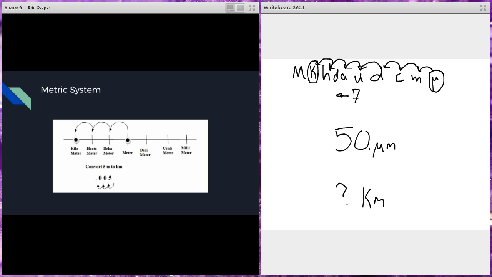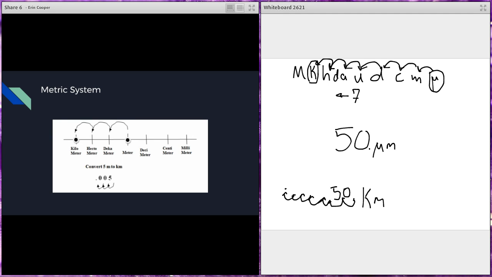So in the same way, I'm going to take that 50, grab that decimal place, and move it 1, 2, 3, 4, 5, 6, 7. And I'm going to plop that decimal place there.